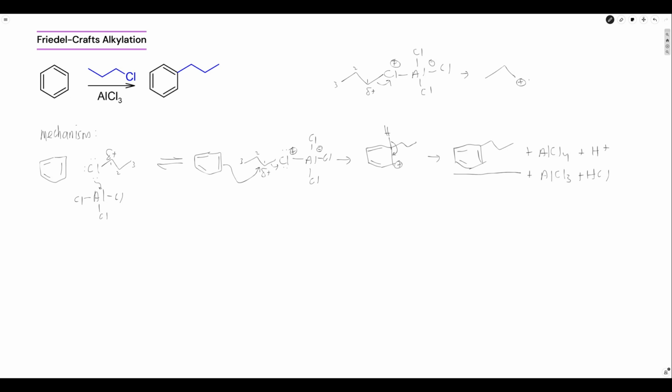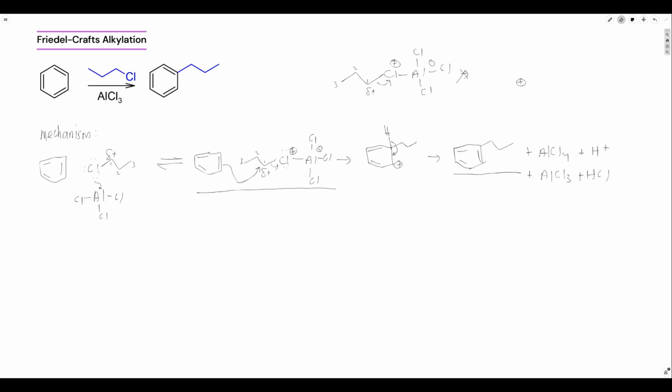This is probably not the way this mechanism works. The reason being, a primary carbocation is very unstable. So it's very unlikely for the AlCl4- to leave behind a primary carbocation. So this is basically not what's happening. In all likelihood, what's happening is precisely the mechanism that I outlined right here.